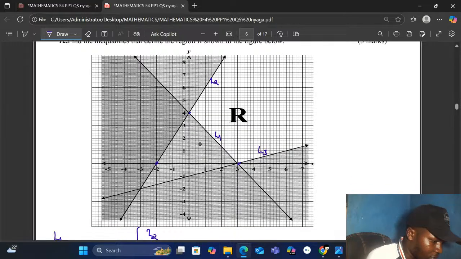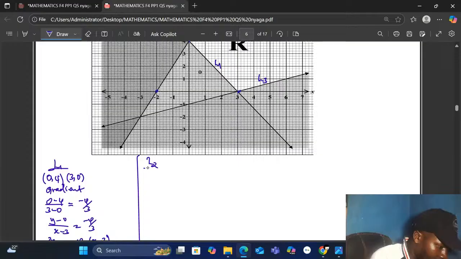So for L2, we have 0, 4 and negative 2, 0. Those are the 2 points for line L2.